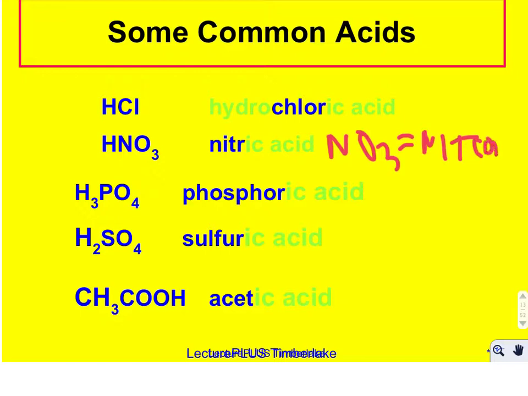The way to remember these is if it ends in ate, if you ate something, it feels icky. Okay? Ate goes into ic. Next one is H3PO4, phosphoric acid because it's phosphorus. Sulfuric acid, that's what causes rotten eggs and smelling like your tires when you burn rubber when you're driving. And acetic acid. Acetic acid is vinegar.